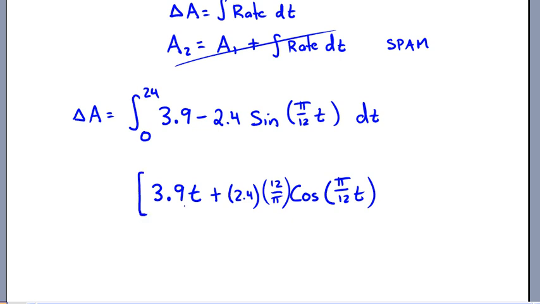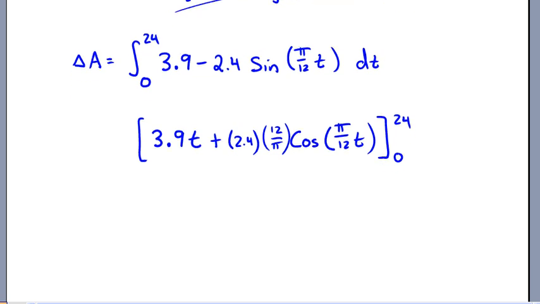And now we could just go and evaluate. Final number is 24, the initial number is 0, and we'll do final minus initial. You could have just gone to your calculator and said, calculator, just do this, please. Either way, we're going to end up with the answer, which is 93.6 kilowatt hours.